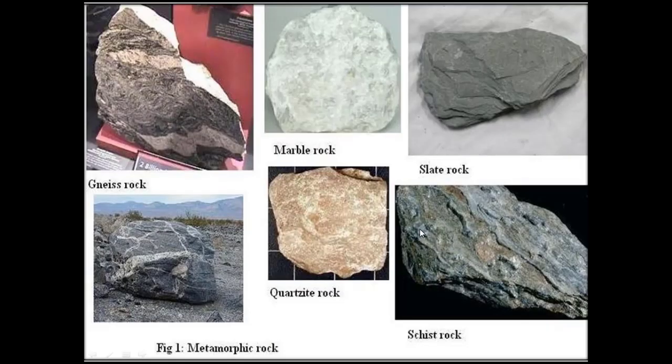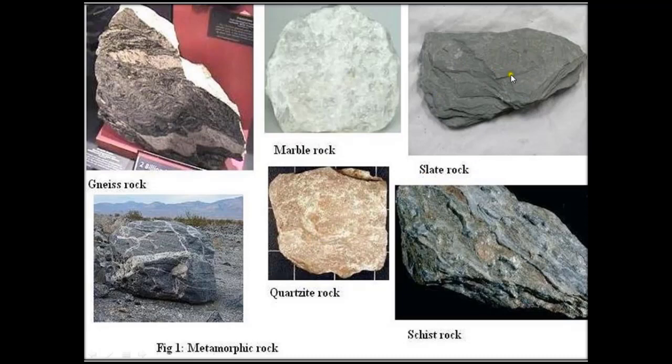Now here we can see the different types of metamorphic rocks, with different shapes and pictures for marble, as we are all aware of this kind of rock. Also we are aware of quartzite, and also the slate rock.